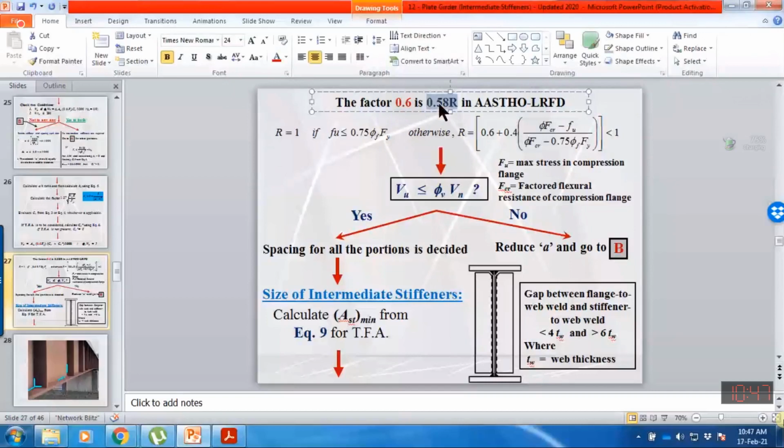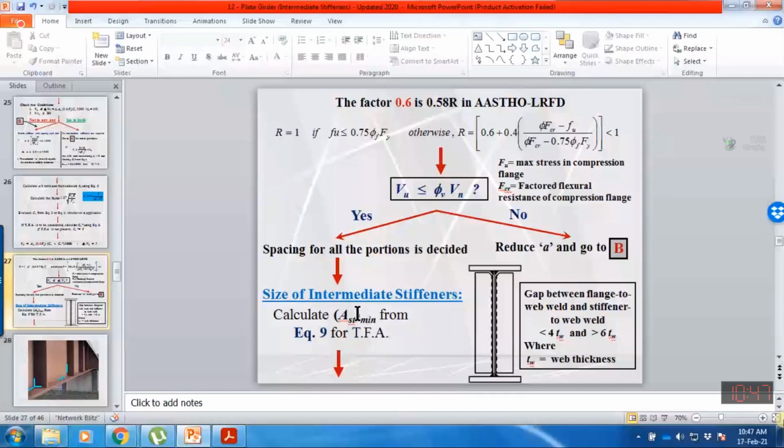So if the capacity is more than VU, then the spacing is okay. Next we need to compute the area of stiffener. But if the capacity is lesser, then we need to reduce the spacing of the stiffener.